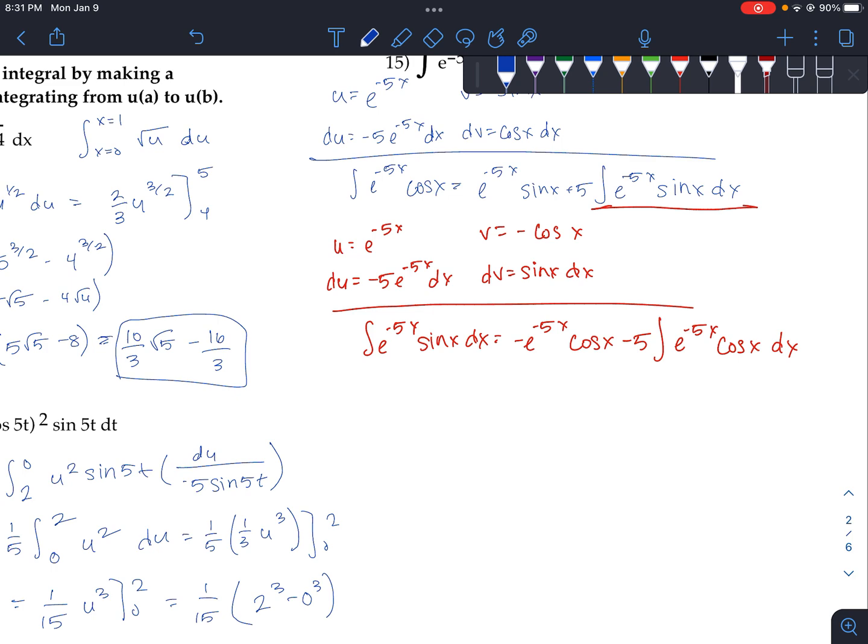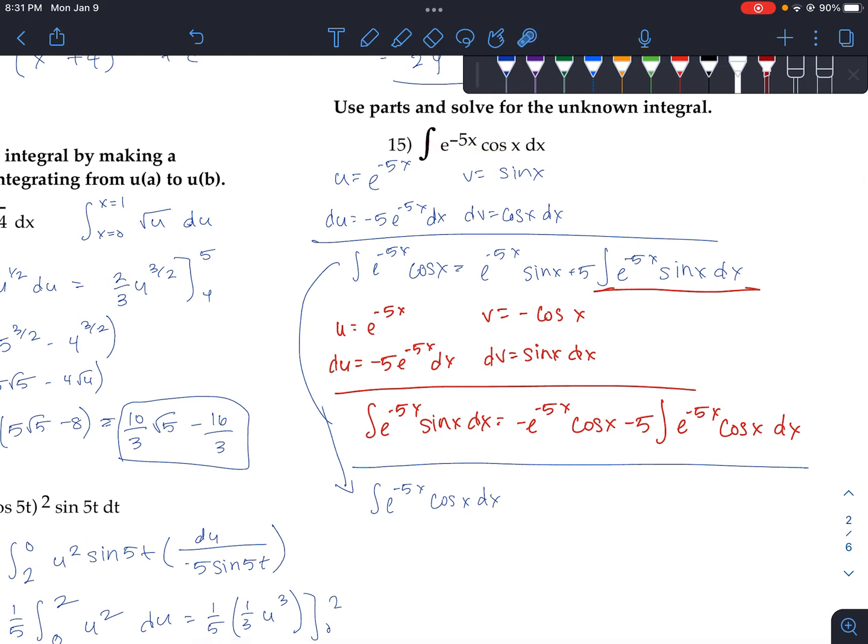So writing it all out together, going back up to this line right here. This was the question, e to the negative 5x cosine of x dx. That's the question that we have right up here. So we started the antiderivative, this was equal to, we did this whole process, and we got this right here.